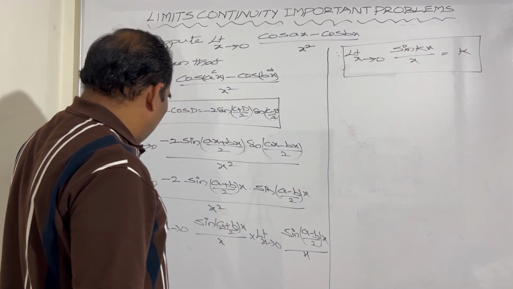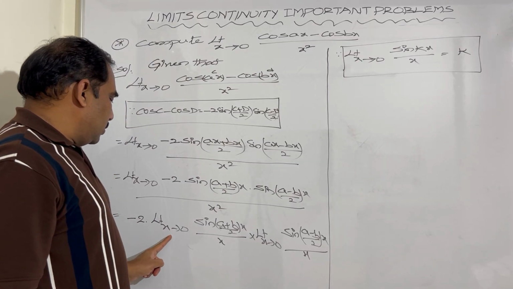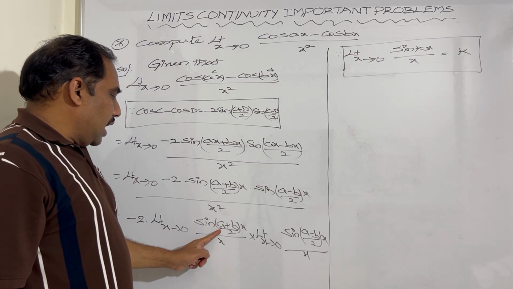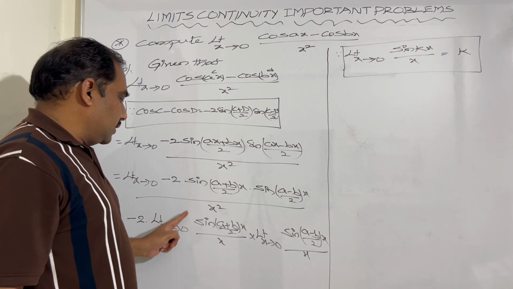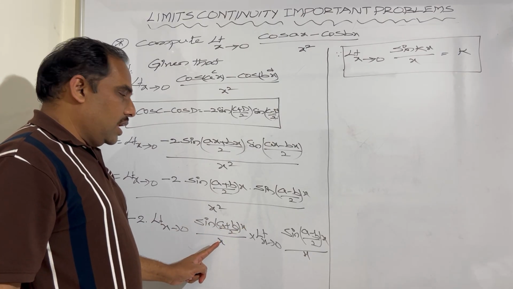This is the standard result. Same as that, here we have minus 2 into the limit as x tends to 0 of sine ((a plus b) by 2) x by x, which is like sine kx by x.